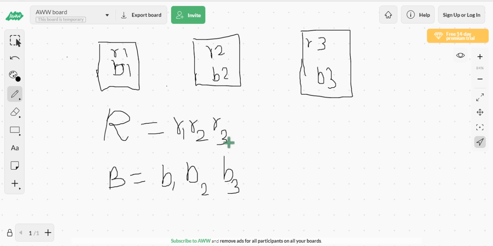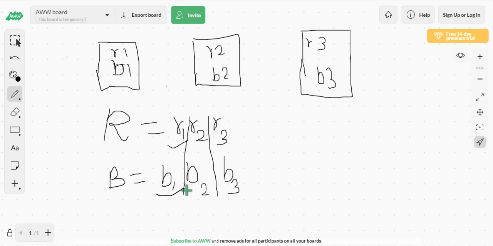So suppose we have capital R and capital B. If we want to compare the chance of R being greater than B, or B being greater than R, or both being equal, and these cards are to be shuffled randomly, then for capital R to be greater than capital B, we have to make sure that R1 is greater than B1.